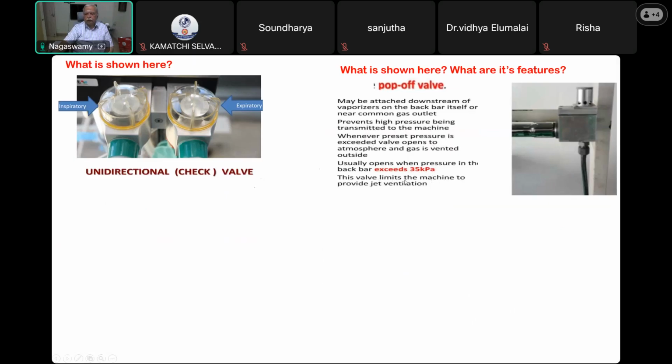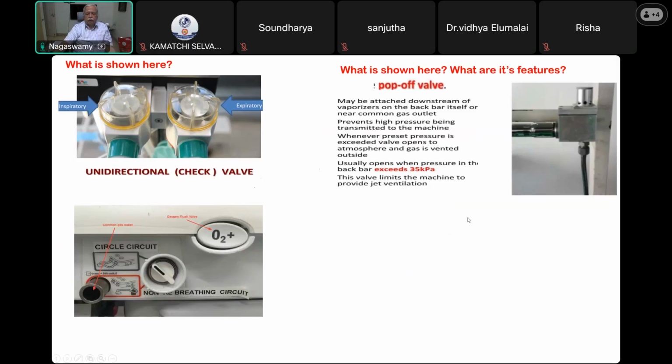When you want to use bronchoscopy, you cannot use a jet ventilator because you require a higher pressure for jet ventilation. Once the machine pressure exceeds 35 kilopascals, it will automatically vent out, so delivery will not be happening. What is this? What are the things that you are seeing?